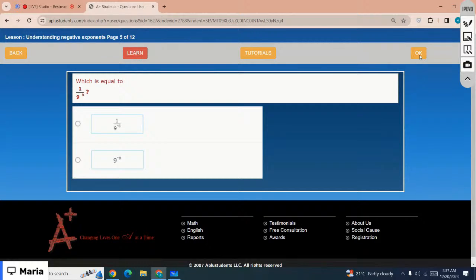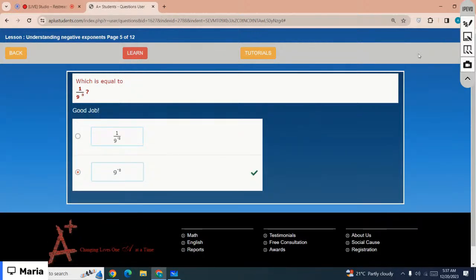That is option number 2, right? If you write it in the numerator, that would be 9 exponent negative 8 is the correct option.